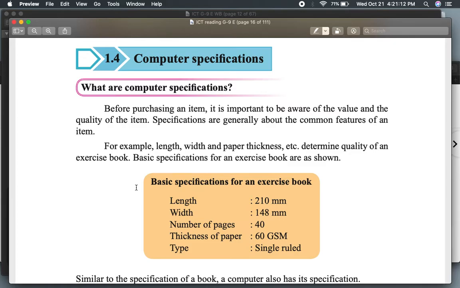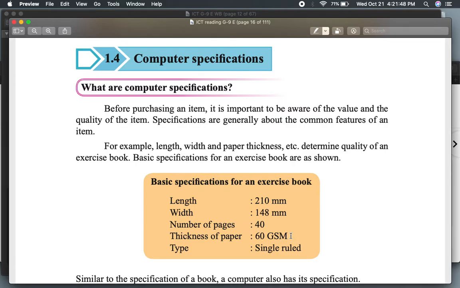So the length, the width, and the paper thickness are specifications that determine the quality of an exercise book. Basic specifications for an exercise book are as shown. So the length is 210 millimeters, width 148 millimeters, number of pages 40, thickness of paper 60 GSM.